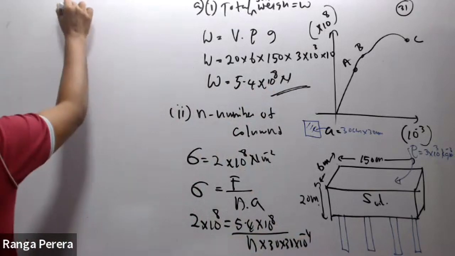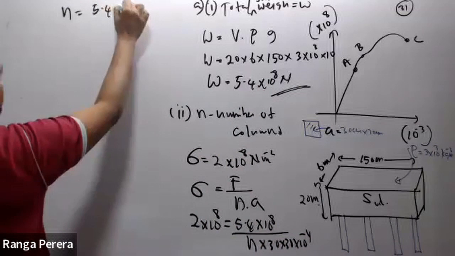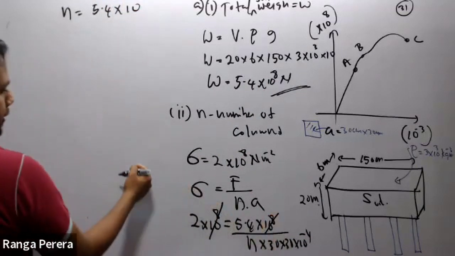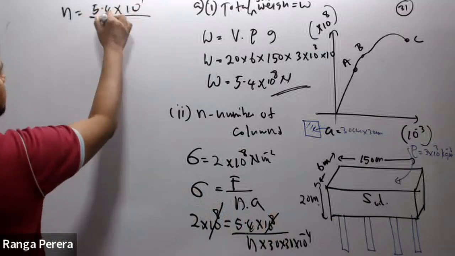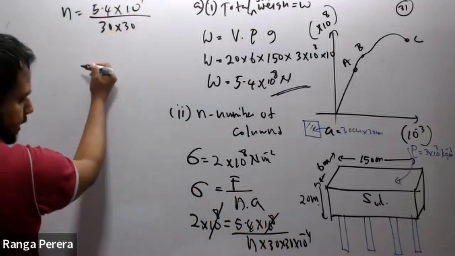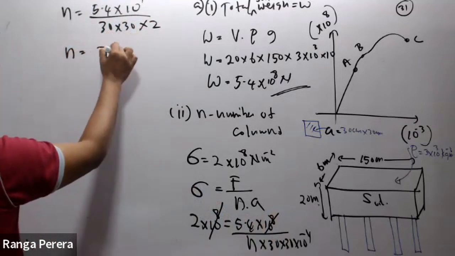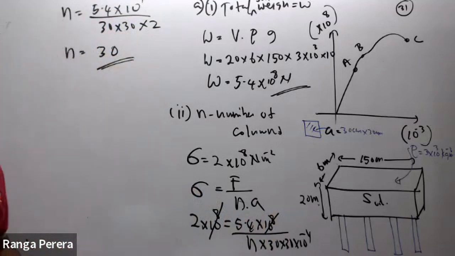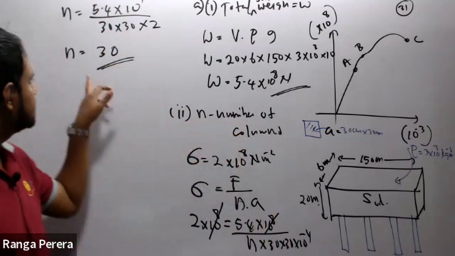When you simplify that, n equals 5.4 × 10^8; the 10^8 cancel. We get n as 30. 30 columns.